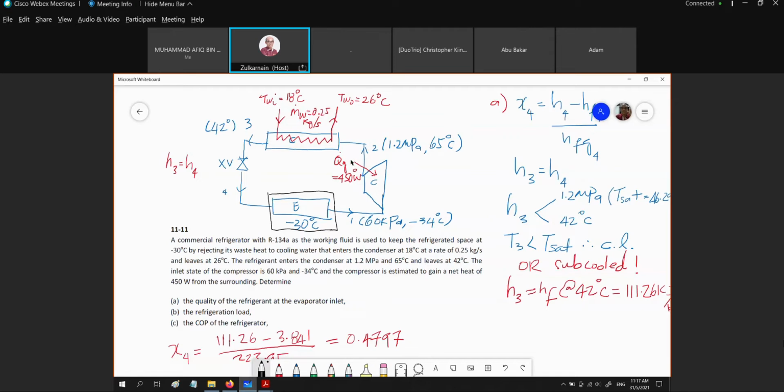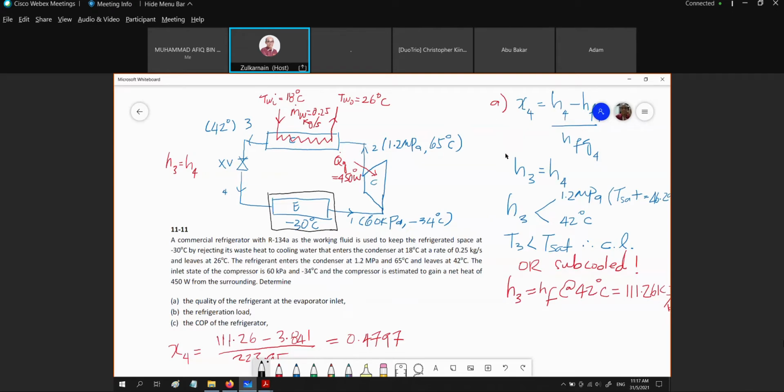So we have a gain of heat because the compressor is cool, then some of the heat transfer from the environment or the surroundings will be taken up by the refrigerant in the compressor. Based on this, the first question is to get the quality of the refrigerant at the evaporator inlet.